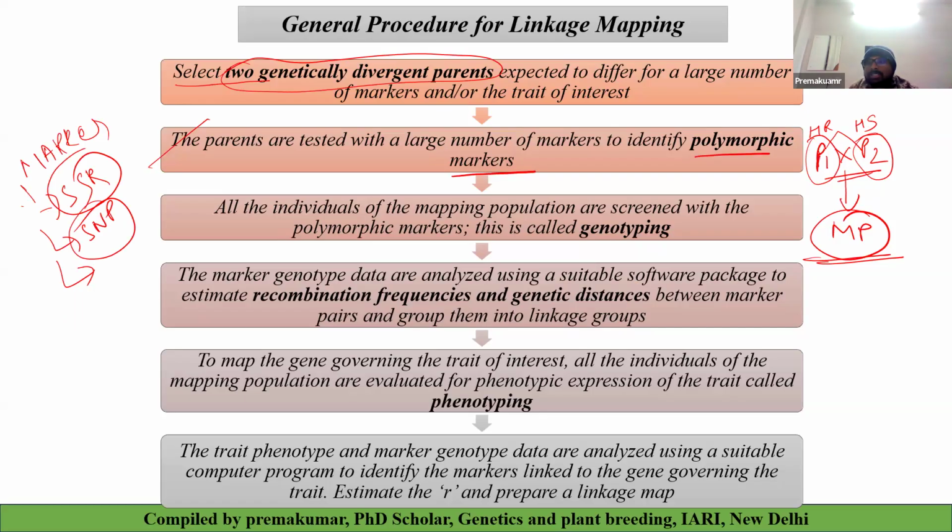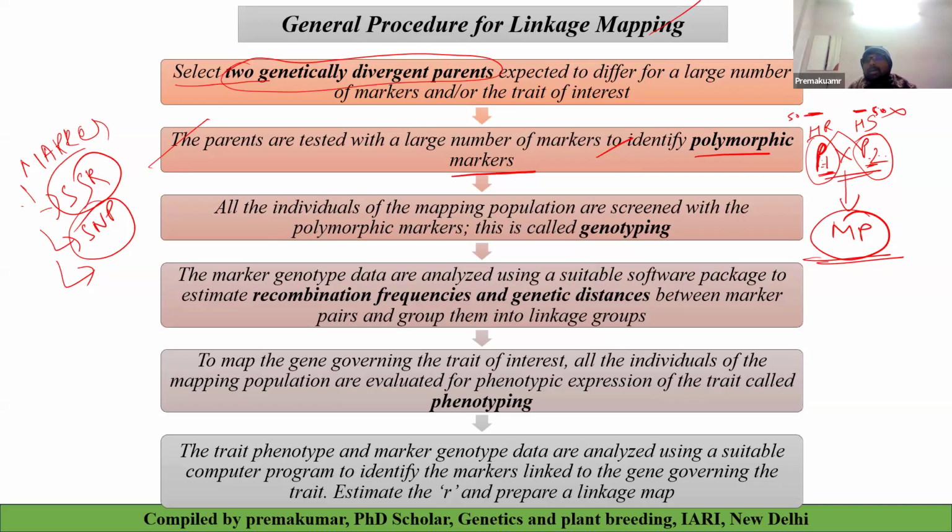Only the marker which is polymorphic between the parents is used for construction of the linkage map. For example, if the marker shows a monomorphic band, 50 base pairs in both parents, you should reject it. But if parent 1 shows 50 base pairs and the other parent shows 60 base pairs, this is polymorphism. Different bands are observed between the parents. This is called polymorphic.